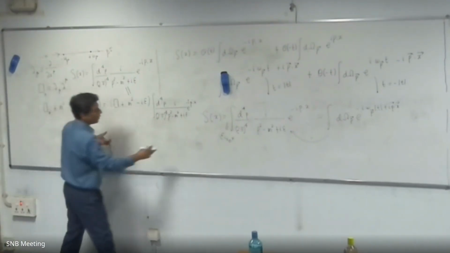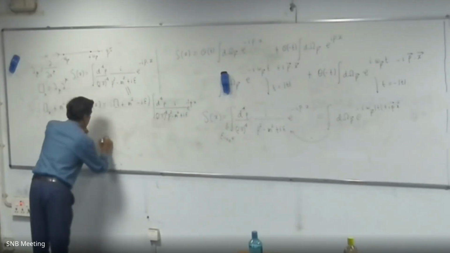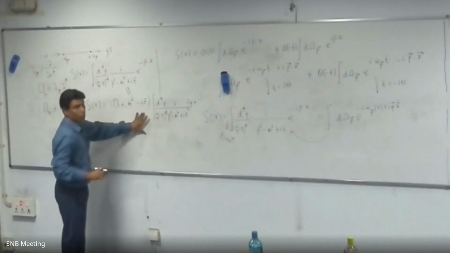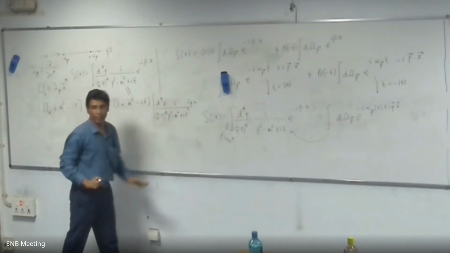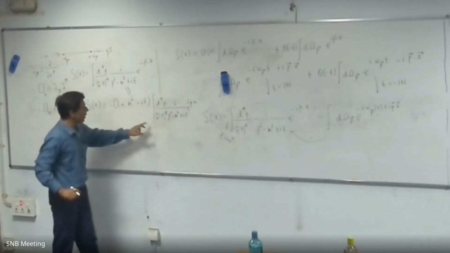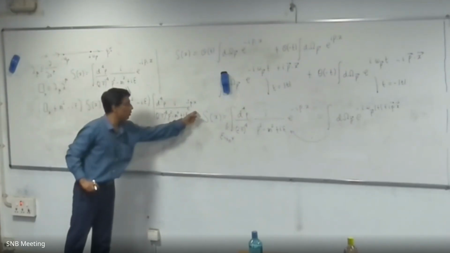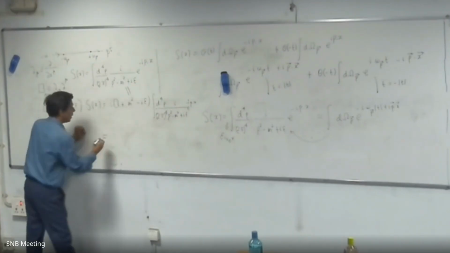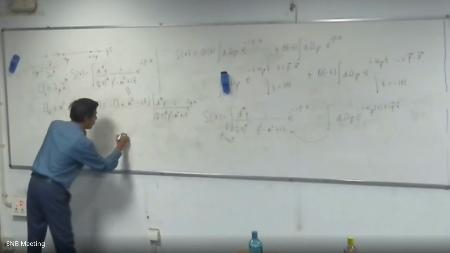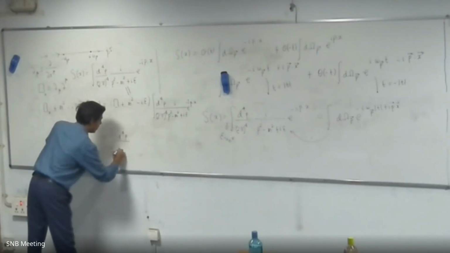So if you operate with this on both sides, on the right hand side this is an x operator, so you can put it inside the integral. It is not going to act on this factor because this is a function of p. It's only going to act on this factor. So you will get d^4p over (2 pi)^4.